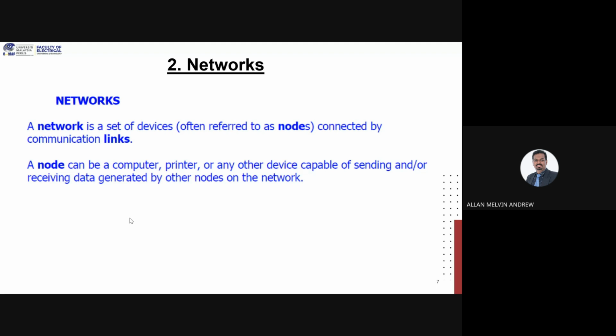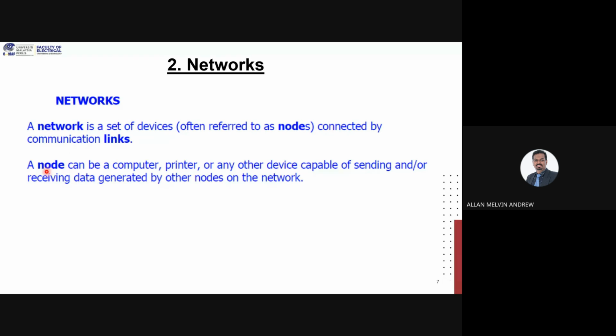A network is a set of devices, often referred to as nodes. We don't call them devices, we call them nodes. Okay, node A, node B, node C, node 3, node 4. So it will be like that, easier to see. It will be connected by a communication link.